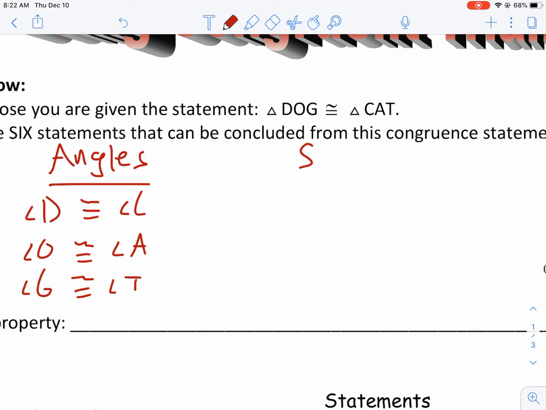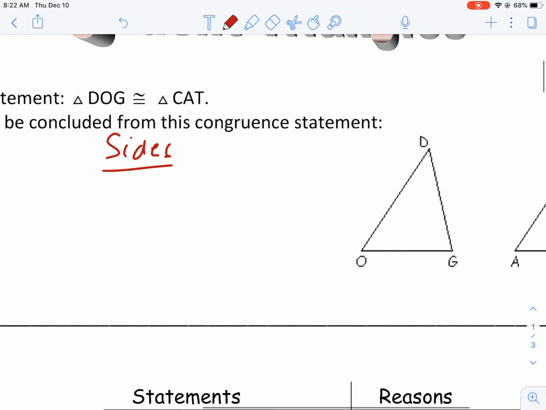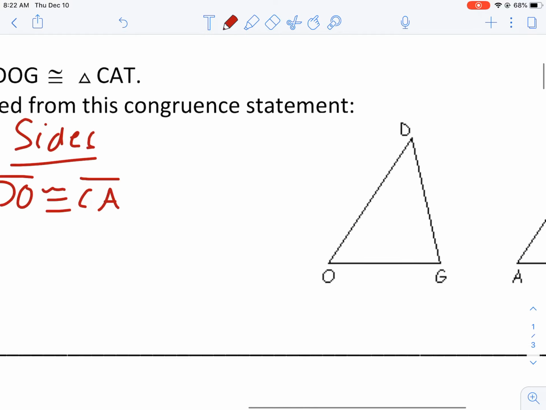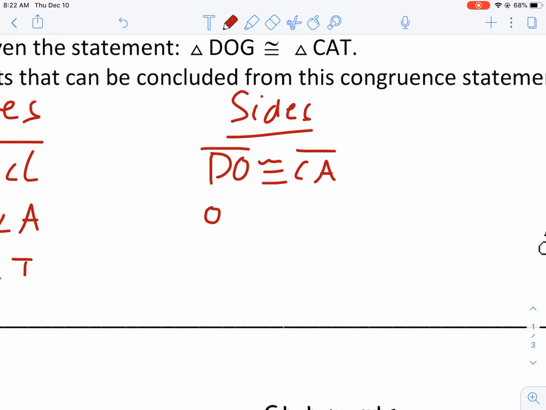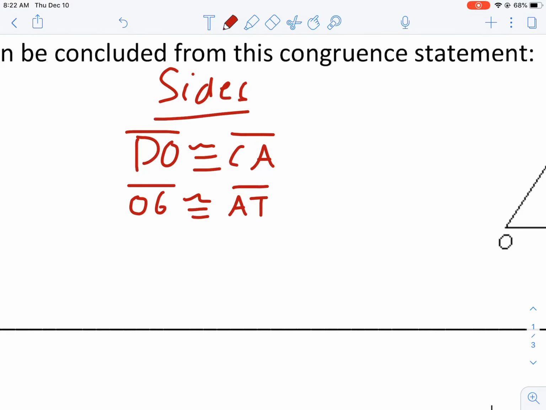We also can say some things about the sides. We know the sides are congruent as well. We know DO is congruent to CA. We know OG is congruent to AT. And we know that DG is congruent to CT.